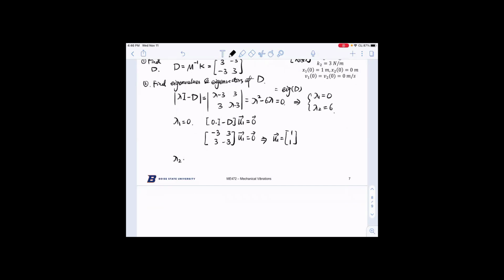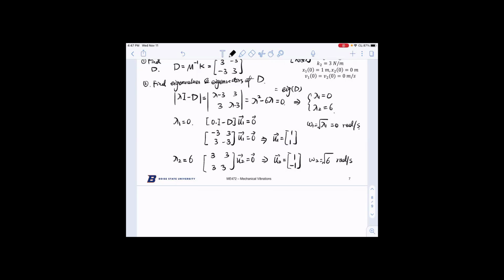Similarly, you can find your second mode, which is lambda equal to 6, and then you have 3, 3, 3, 3, U2, and that gives you the second mode shape. All right. And then again, your omega 1 is square root of lambda 1, that's 0. Your omega 2 is square root of 6.